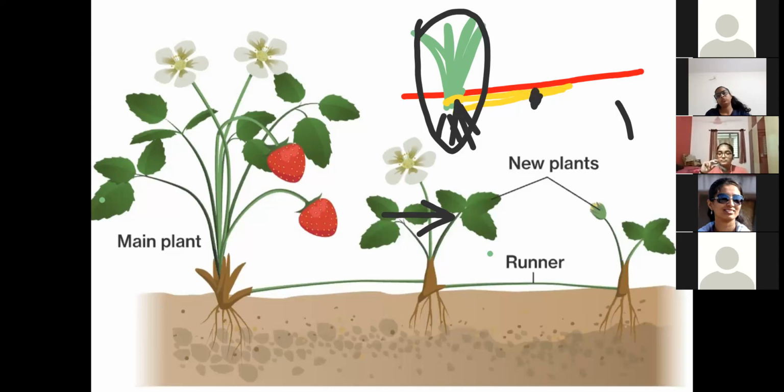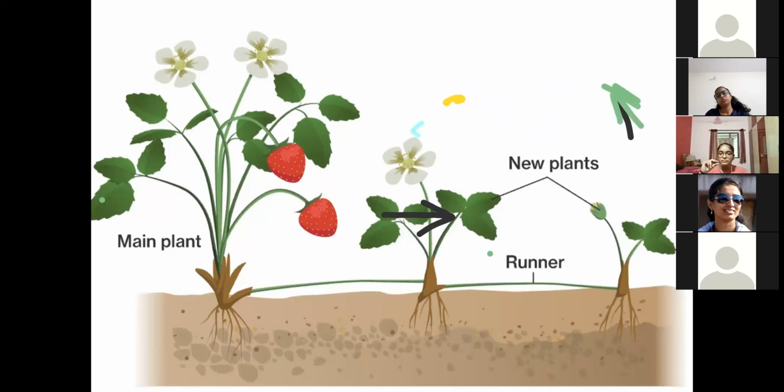Those tissues undergo differentiation, forming the root system, and over here they form the leafy part. Again here the stem grows, and further like this the plant growth takes place. New plantlets can form, new plants can form, with the help of this runner. So the first type of vegetative propagation is called runner.